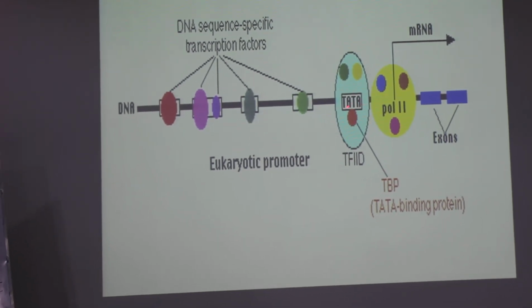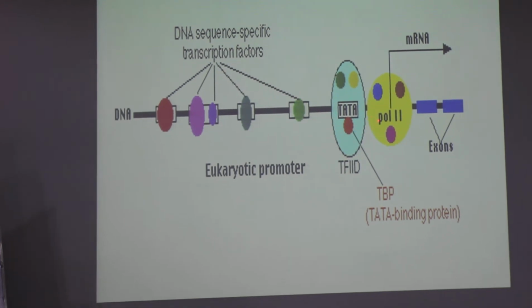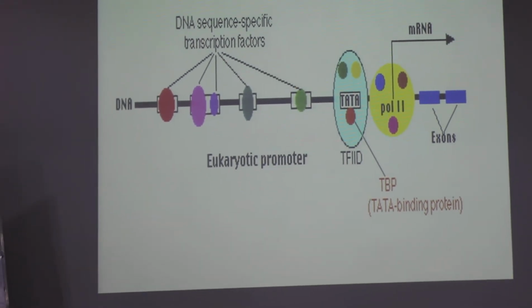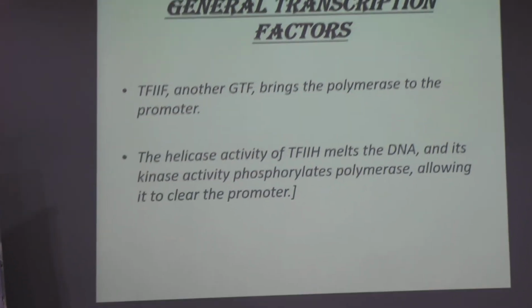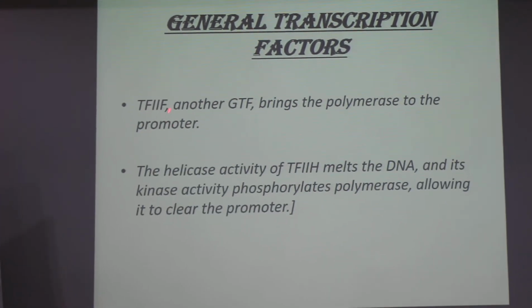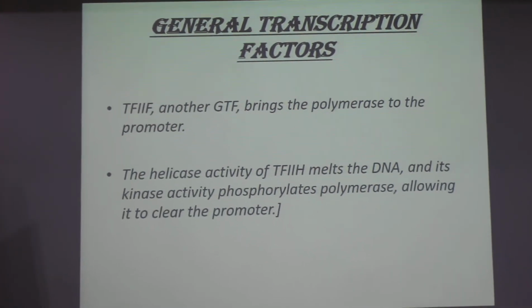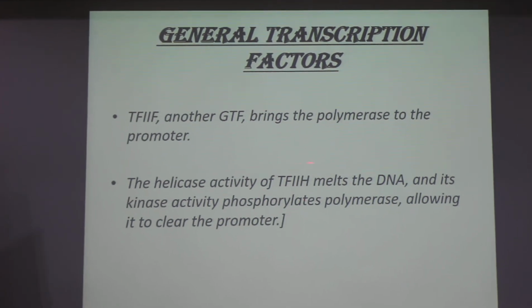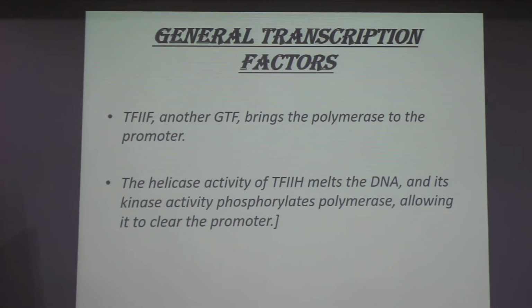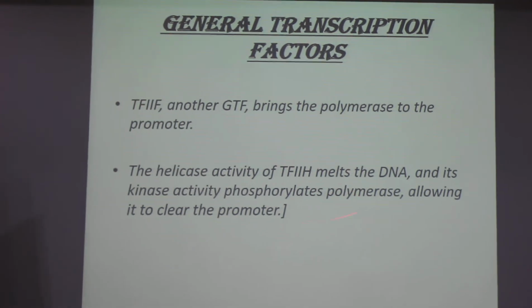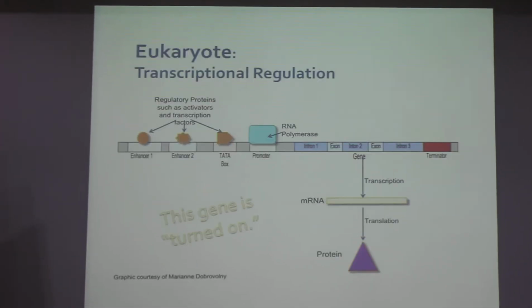So this binding protein attaches itself to the TATA box, and it will bring different transcription factors: transcription factor H and transcription factor F. Transcription factor F will bring the polymerase, and transcription factor H will melt the DNA, as it has helicase activity.